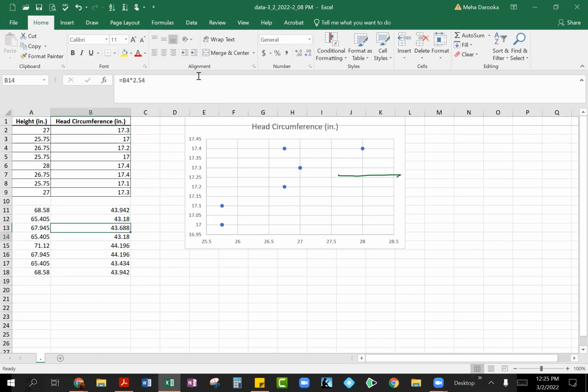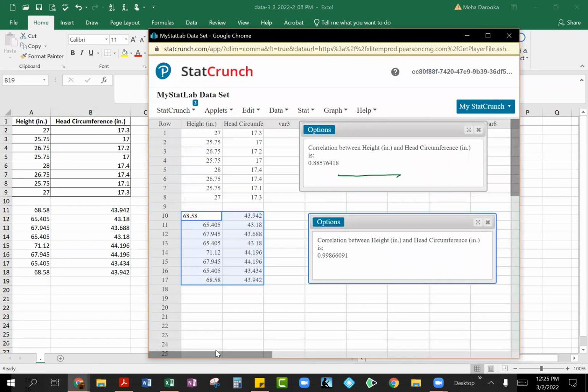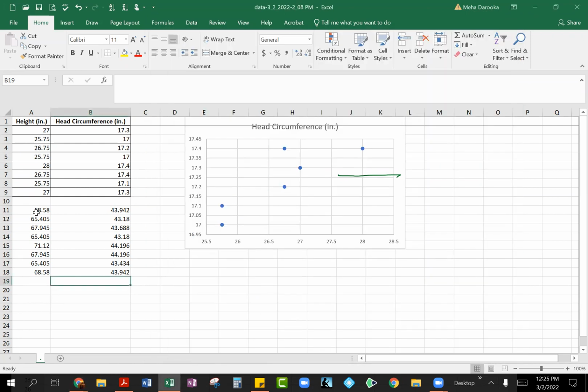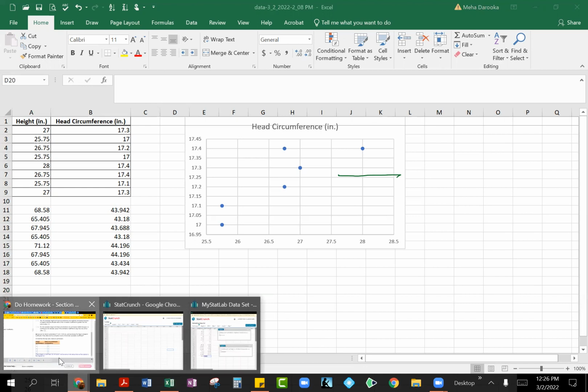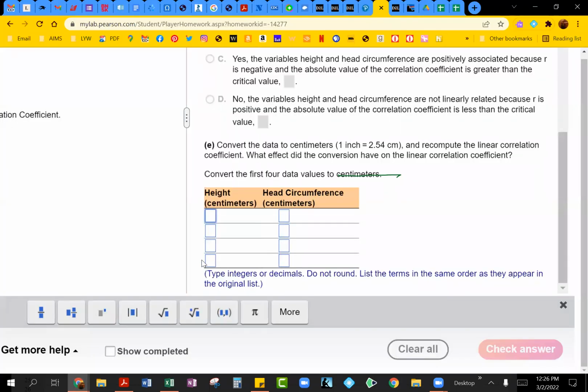B2, B3, 4, 5, 6, 7, 8, 9. And that's what we copied over here, unless we need to change this. But that shouldn't make a difference if you have 3 decimal places or 2 decimal places or 1. Well, let's see what this tells us here.